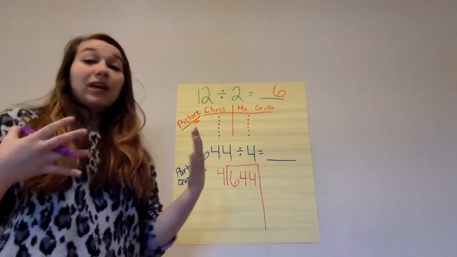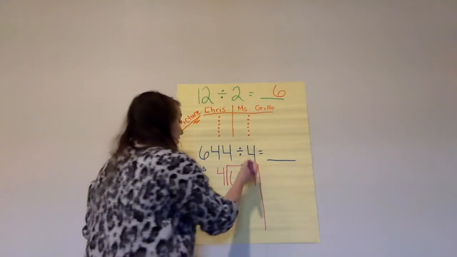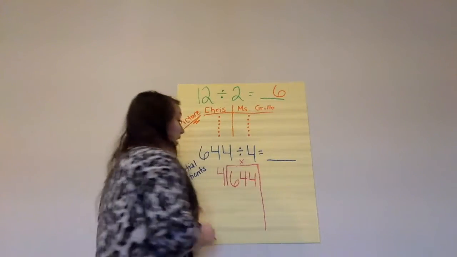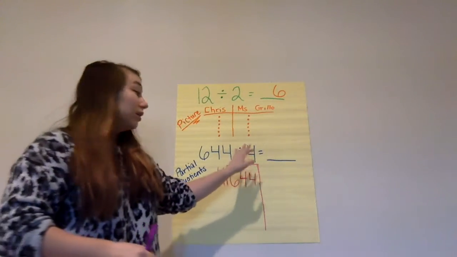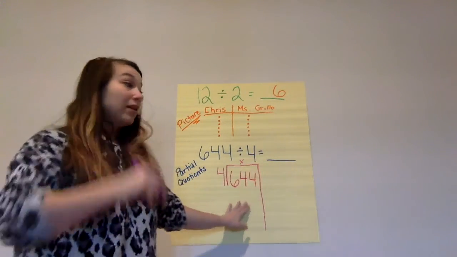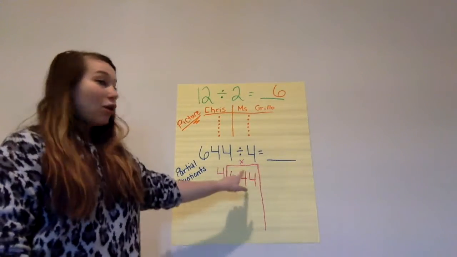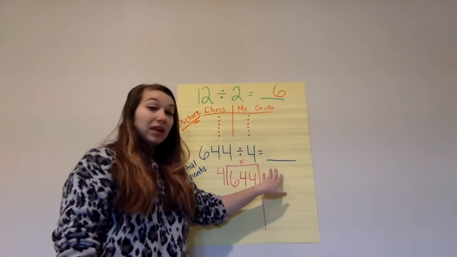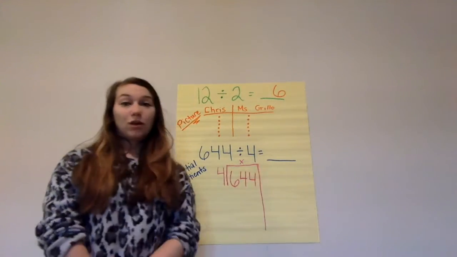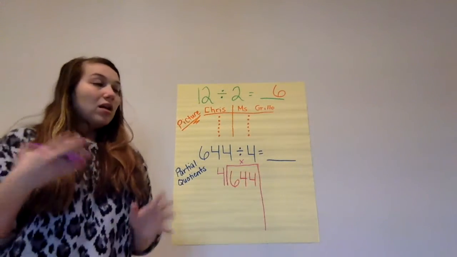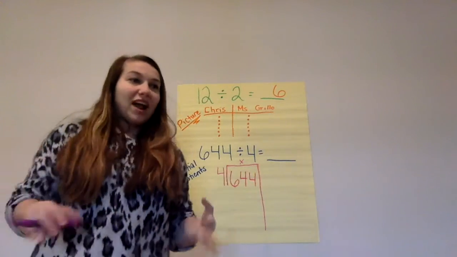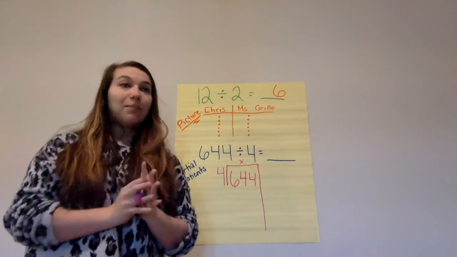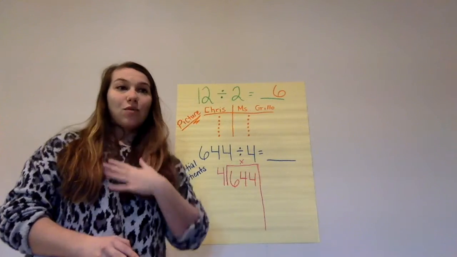Now, when we are doing this, we are asking ourselves, how many times does 4 go into 644? Okay, so we have our multiplication symbol up here because 4 times something gives us 644. Well, when I think about 644, I get nervous. That is such a big number and something I don't want to work with.